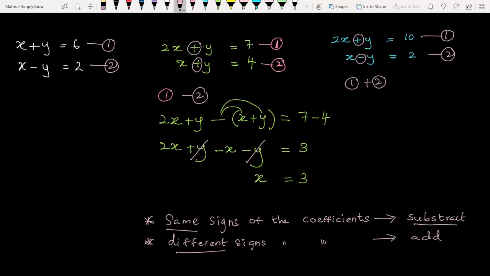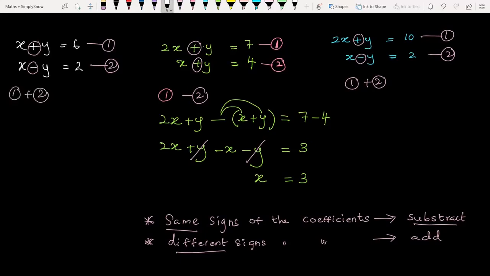So first of all, I'm going to solve these two equations. So I'm going to eliminate y. Now what are the signs of the coefficients of y? It's plus and minus. This means I need to add the two equations. So I'm going to add 1 and 2.